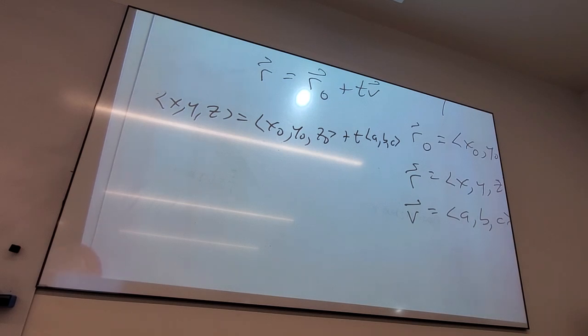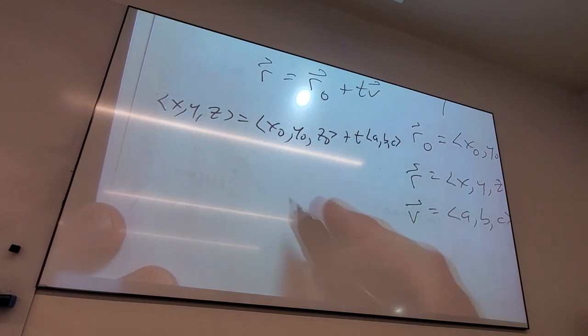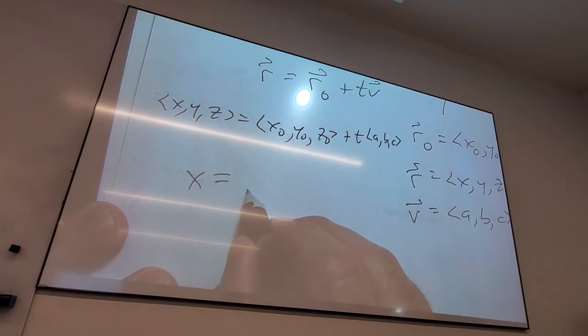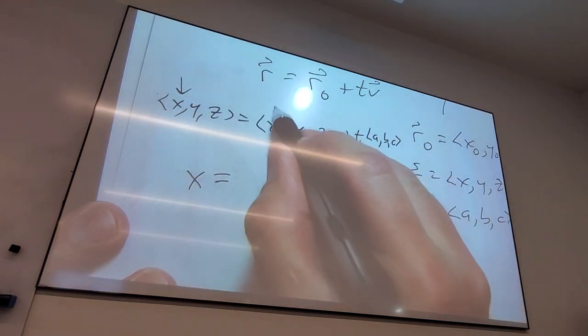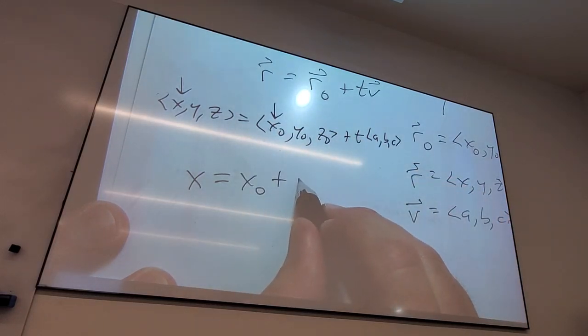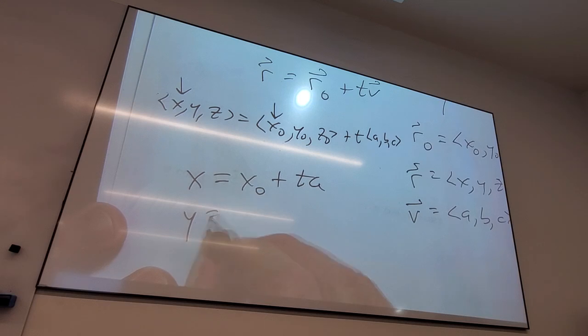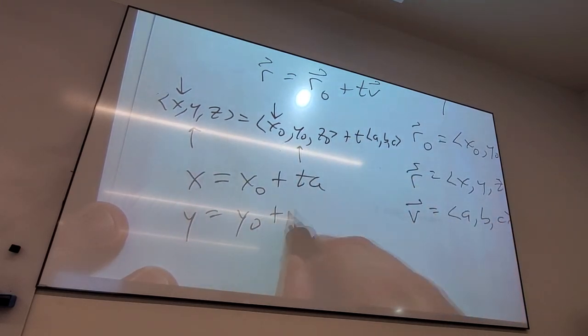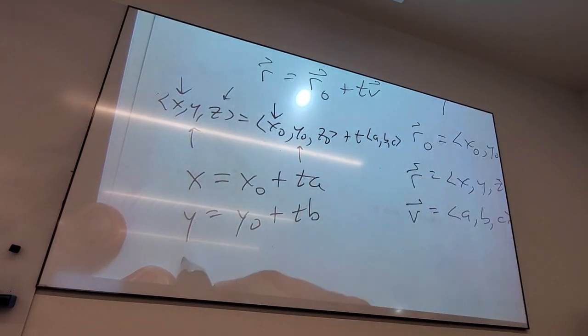Can you write an equation with just x stuff in it? How do I get this component? I take this component and I add t a. Good, keep going. To get the y component, I take this component and I add t times b. And to get the z component, I take this component and I add t times c.